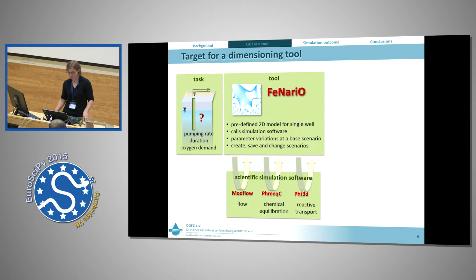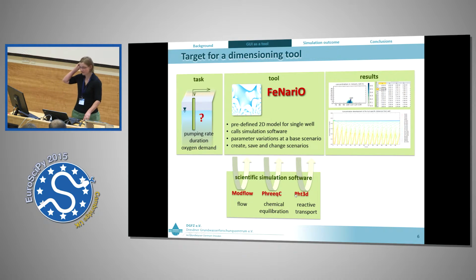And the third scientific simulation software that is called from Finario is PhD 3D, and this actually does the final reactive transport. So the outcome of Finario, you can print these plots, and we also have the data as text files you can access, and you can do your own post-processing if you want to.